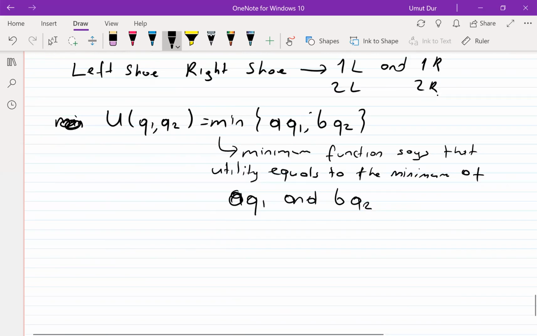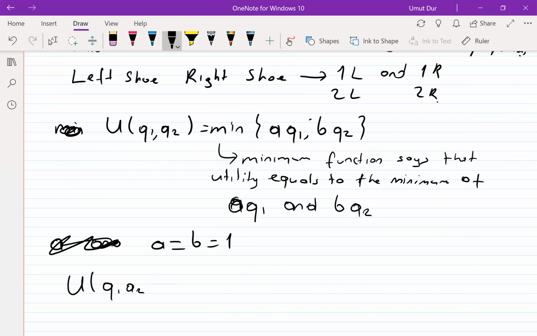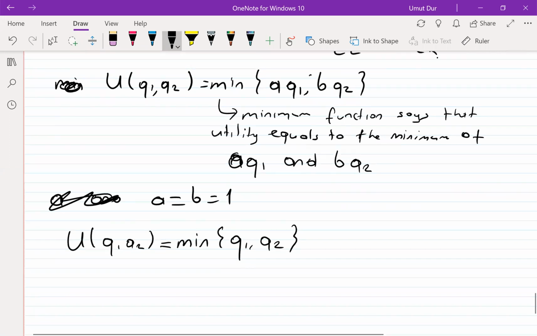Let's think about a equal to b equal to 1. Your utility function is given as the minimum of Q1 and Q2. Suppose that I give you different amounts of Q1 and Q2 here, and you are interested in the utility that you are getting from that consumption.